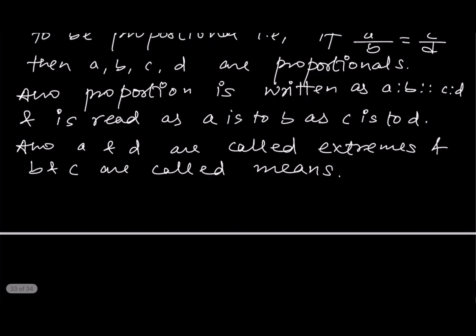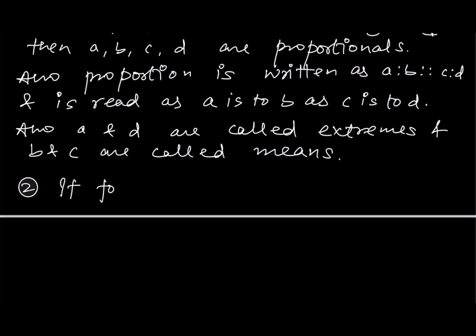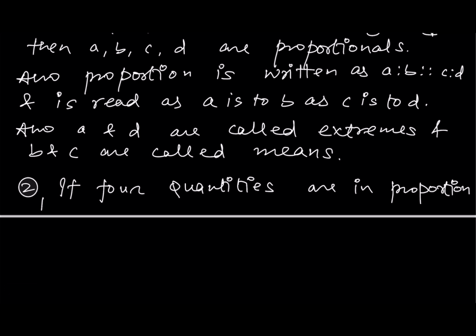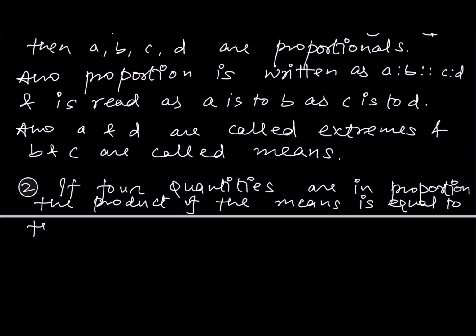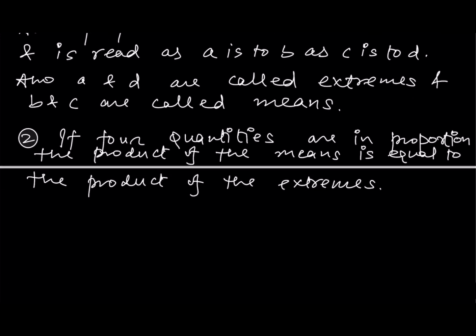Point number 2, if four quantities are in proportion, the product of the means is equal to the product of the extremes, right? As we know, if four quantities are in proportion, it means two ratios are equal, that is A by B is equal to C by D, right?